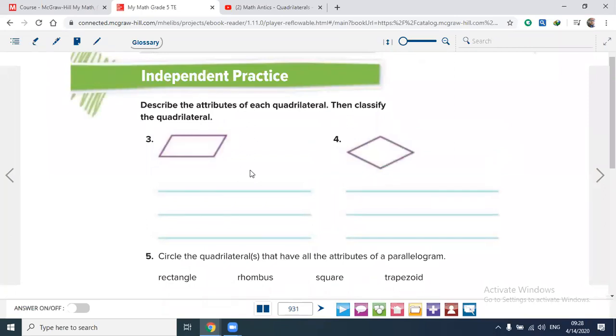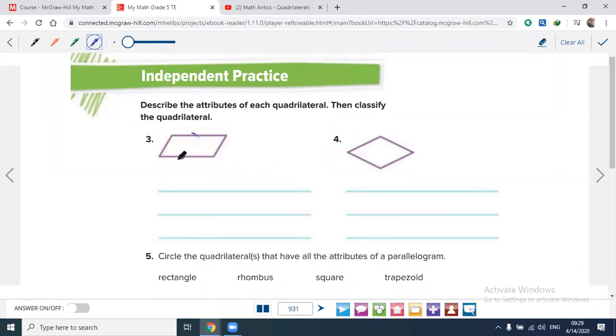Here, describe the attributes of each quadrilateral, then classify the quadrilateral. Here, what do attributes mean? I have parallel sides, I have congruent sides, I have right angles. Start with parallel. You can do it like this. See, guys, I have this side parallel to this.